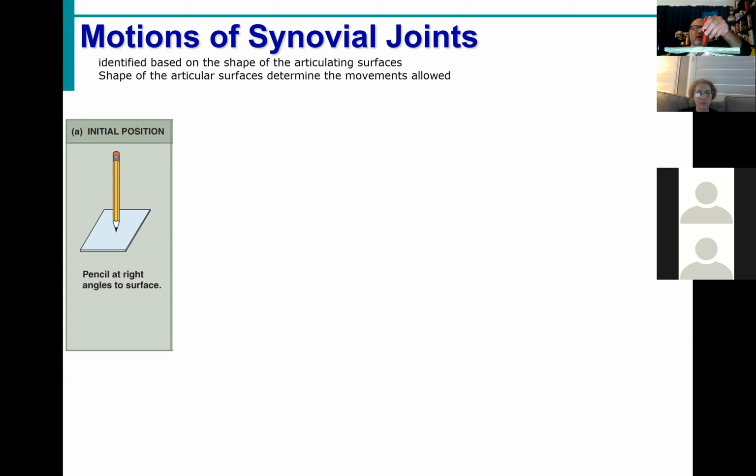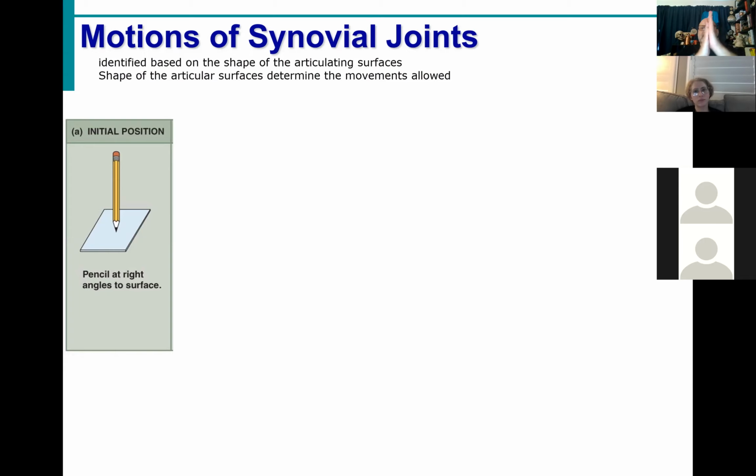Now notice one way I can move these in relation to each other is I could take the pen and slide it back and forth along the surface of the paper, forward and back, left and right, in a big circle. Notice as I'm moving this back and forth though, the angle between the paper and the pen doesn't change, right? So they stay perpendicular to each other. This type of movement, and again, you could do this with your hands as well.